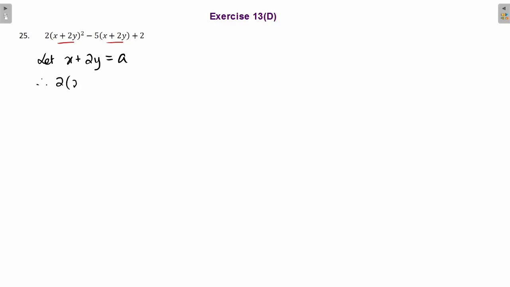So 2 into x plus 2y whole square minus 5 into x plus 2y plus 2. So let me write it again. So we have 2, this is a, right? So we have in first term 2a square minus 5, this is your a, isn't it? So minus 5a plus 2.